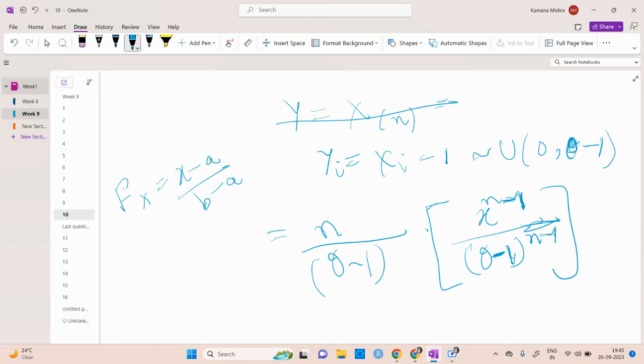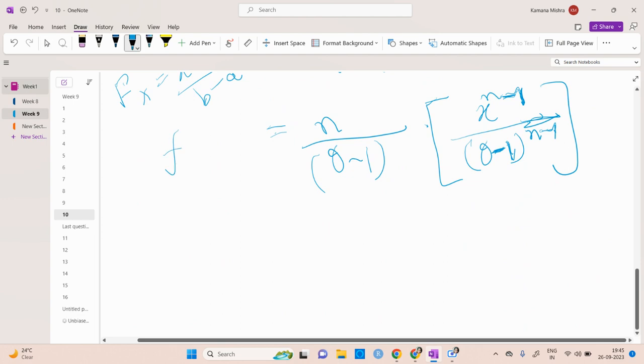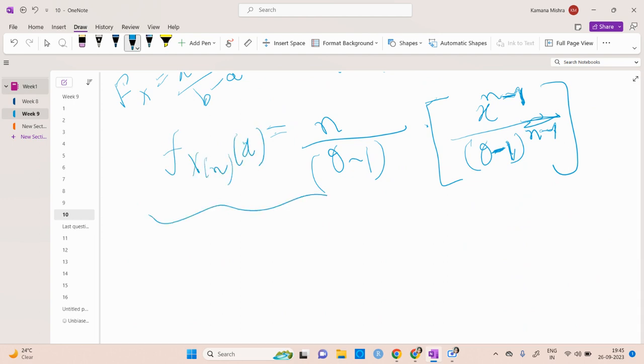If you consider a as 1 and b as theta, you will come out with x minus 1 to the power n minus 1. It will be a little bit lengthy to solve, nothing else. It will not be difficult, that's for sure. So you can take any of them. So this is fxn at x, the PDF of xn, right?